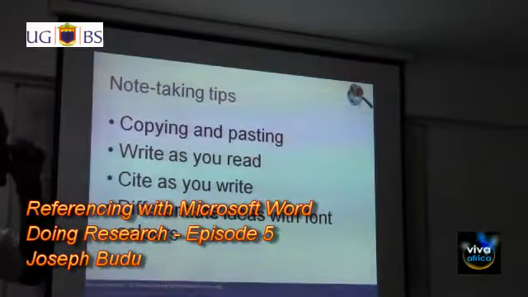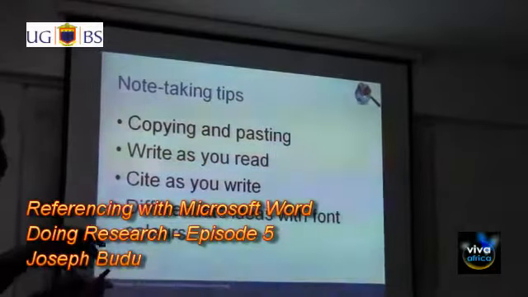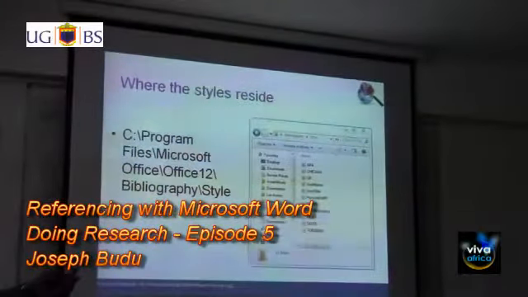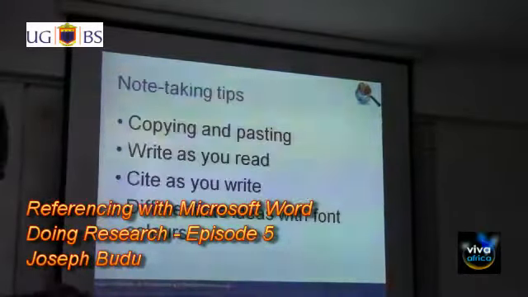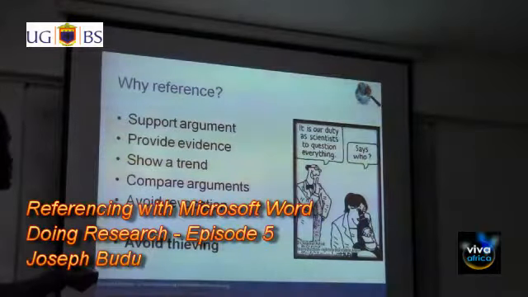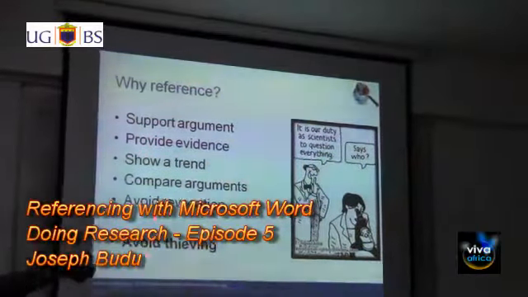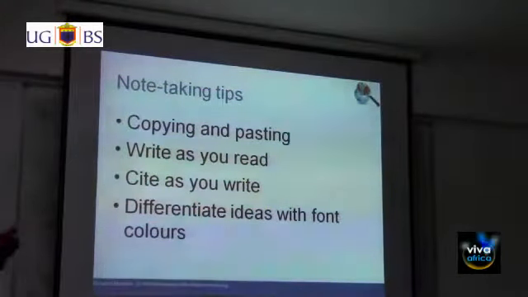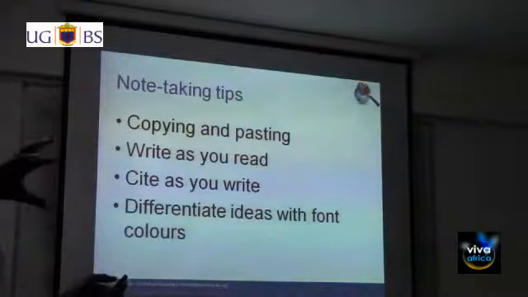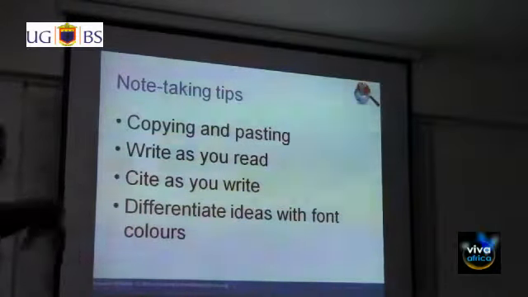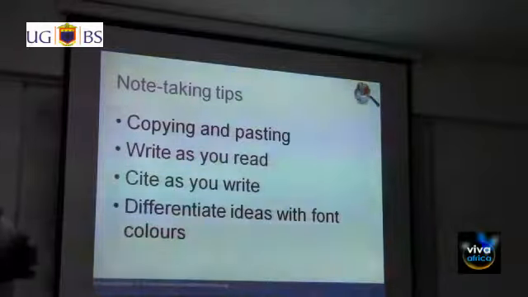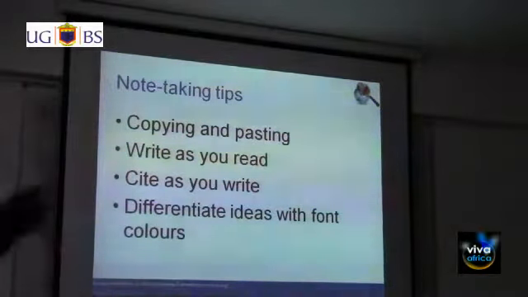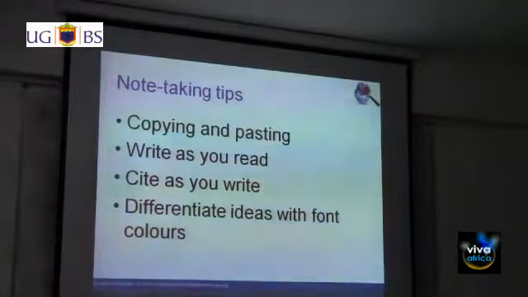But when you copy, because we don't want to face the risk of not citing and face the risk of plagiarism, it is good that as you copy and paste into your text, you differentiate the original text you are copying from someone you are citing in a different text color, so that your own ideas will also be in a different text color.